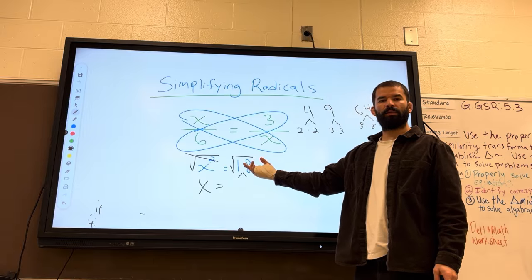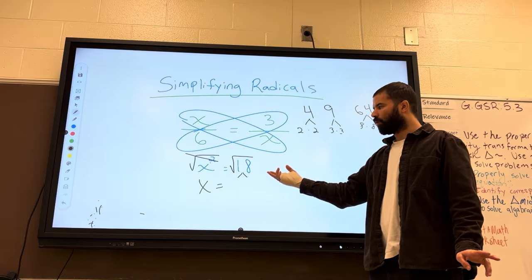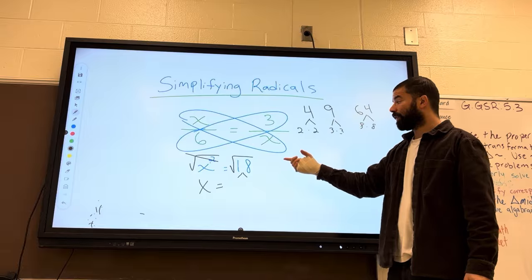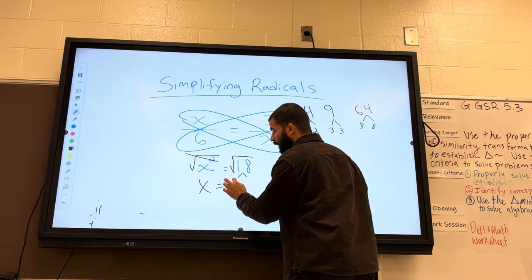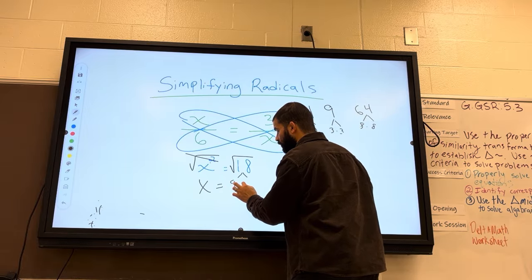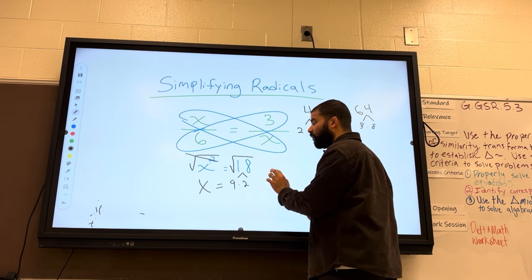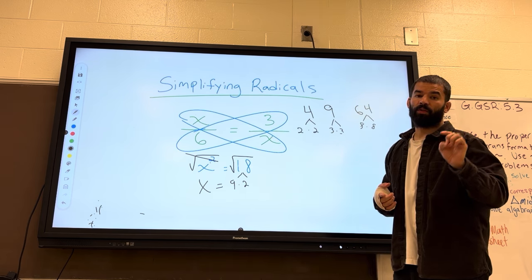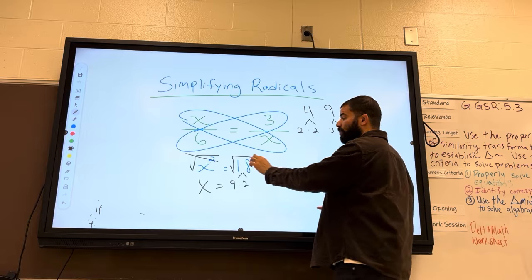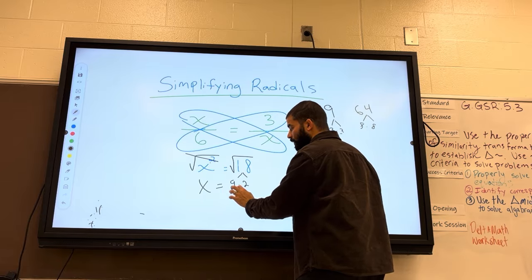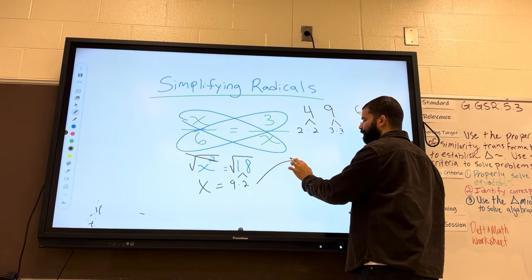Does 4 divide evenly into 18? No, it doesn't. But 9 definitely does. So we know that 9 times 2 is going to get us 18. Now, the trick to this is remembering the square root for each one of these. So I'm going to take it over to this side.